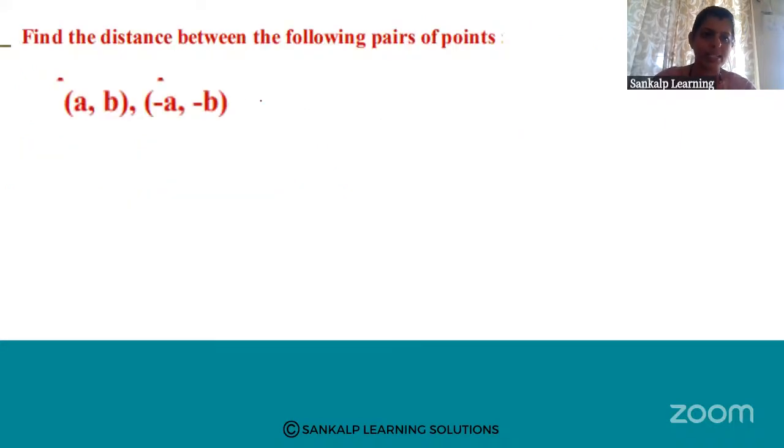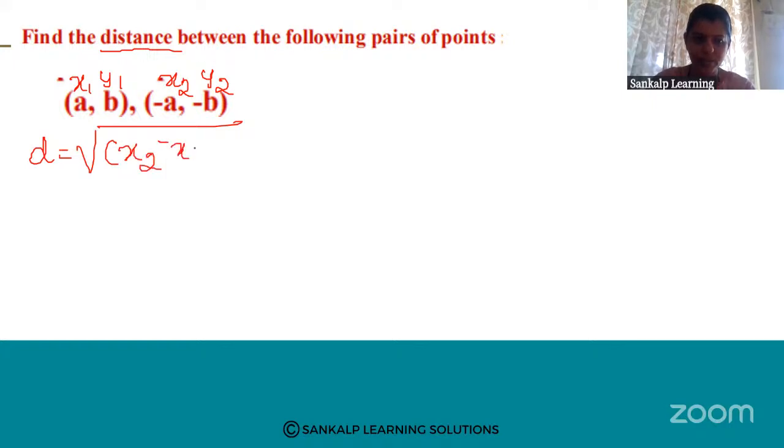Okay. Next, find the distance between the following pairs of points. This question can be asked for 1 mark. Here they have given A (x1, y1) and B (x2, y2), and asked to find the distance between the points. Here we need to use the distance formula, that is the square root of x2 minus x1 whole square plus y2 minus y1 whole square.